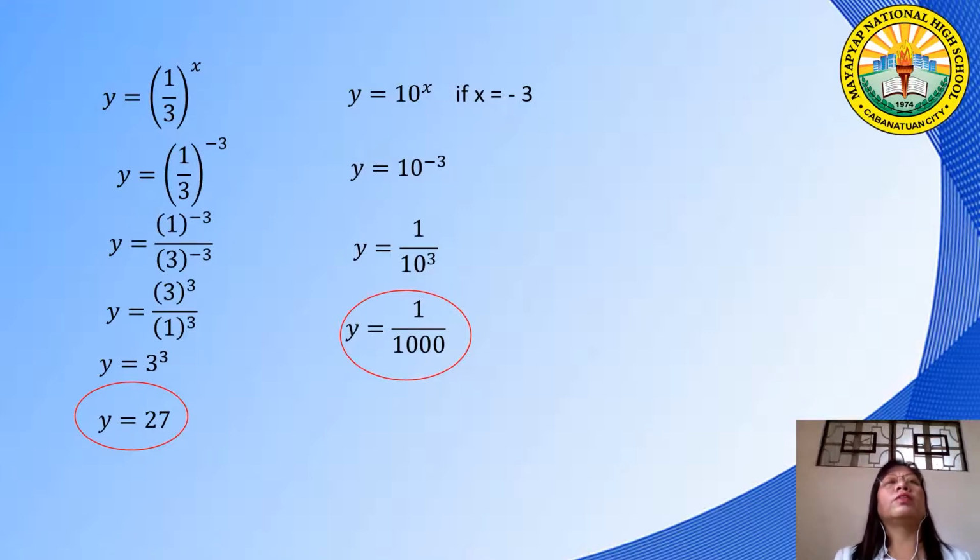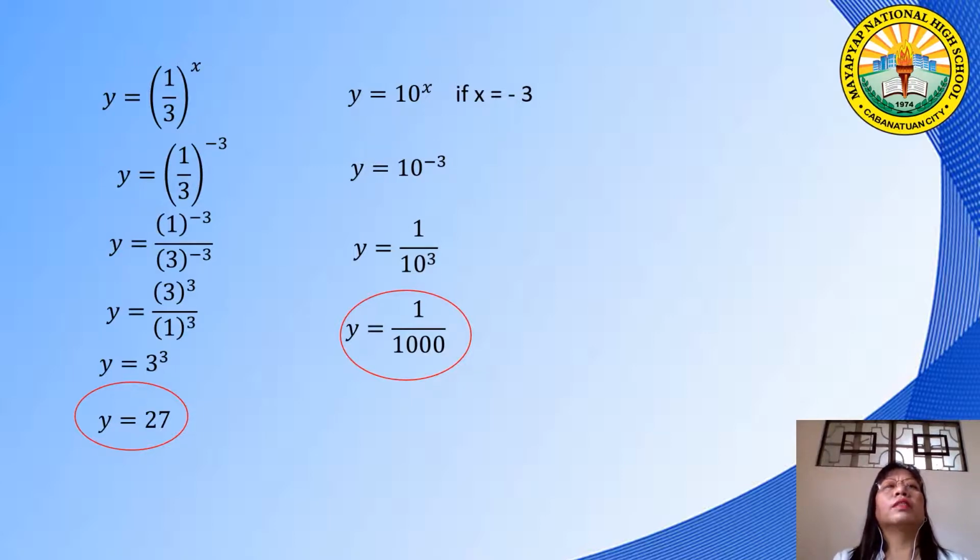Same with the other values. If x = -1, y = 1/10. And if x is 0, that becomes 10^0. Applying the law of exponents, any number raised to the power of 0 is equivalent to 1.